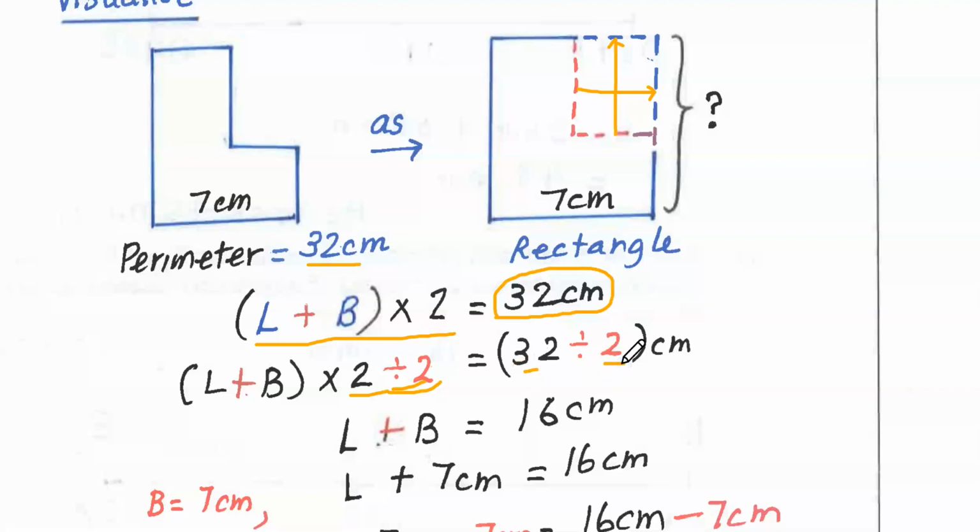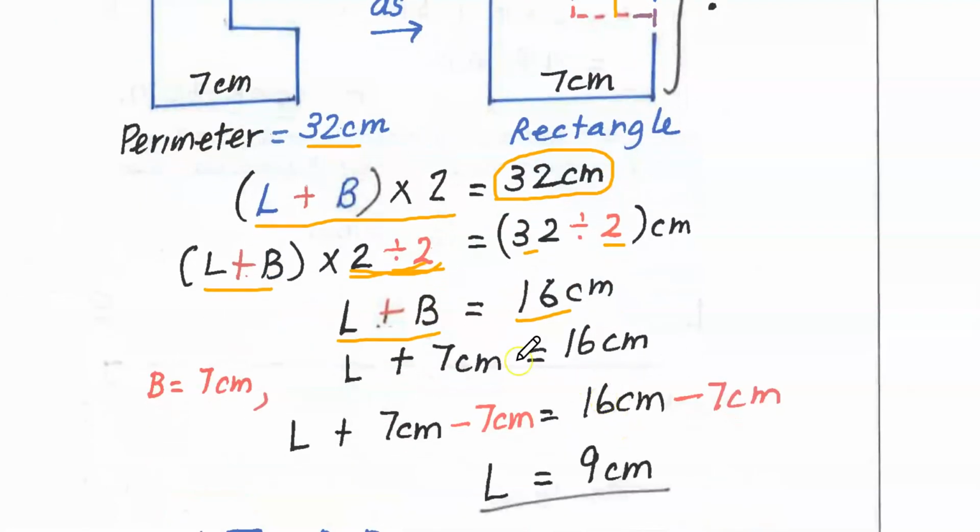Now 2 divided by 2 is 1, L plus B times 1 gives you L plus B, and 32 divided by 2 is 16.